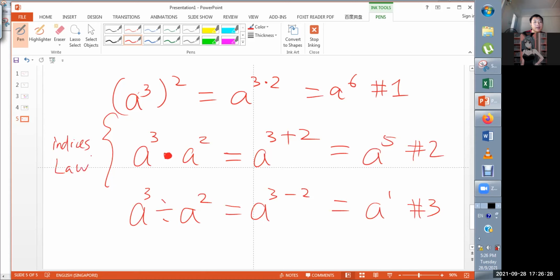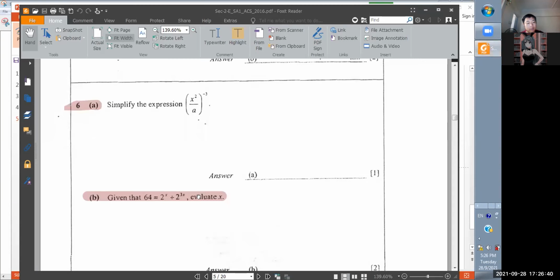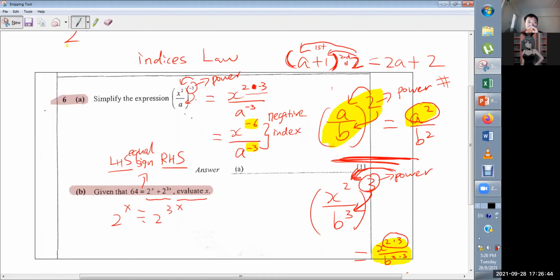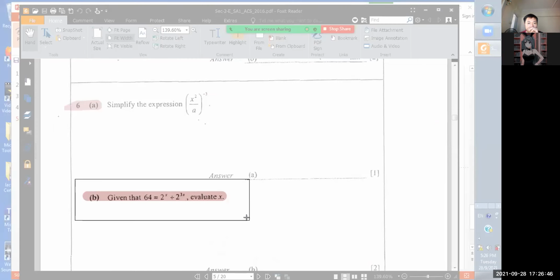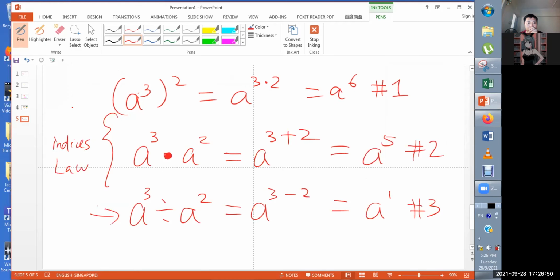Okay, with this, we can actually solve the question just now. Let me show you. Let me just get this question into the PowerPoint, then you will know how I'm going to solve it, using rule number 3.